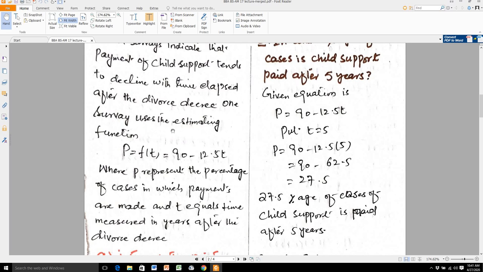Here the given function is estimated on the basis of one survey, that is P is equal to f of t, that is equal to 90 minus 12.5 t, where P represents the percentage of cases in which payments are made, and t equals time measured in years after the divorce decree.